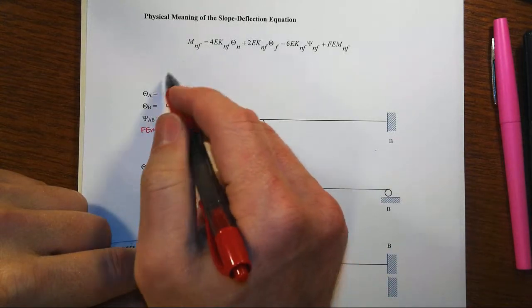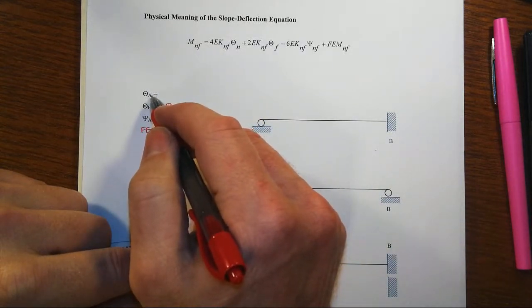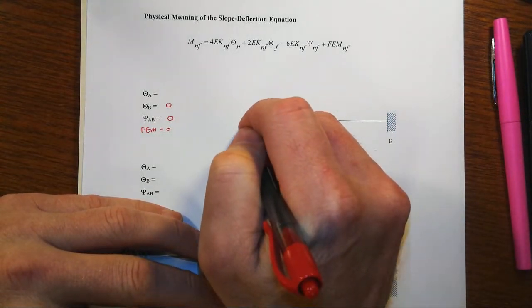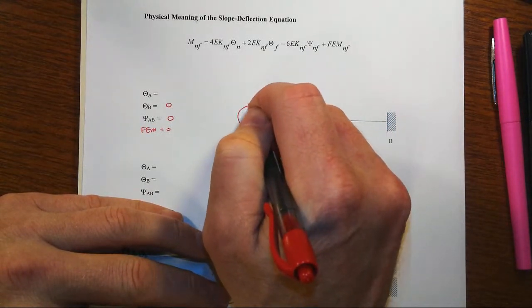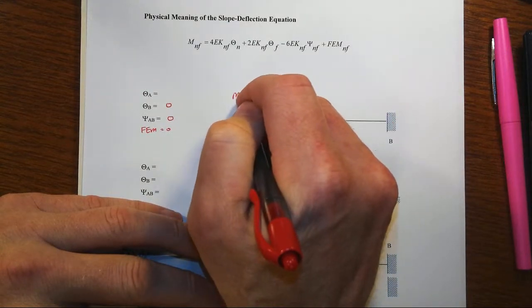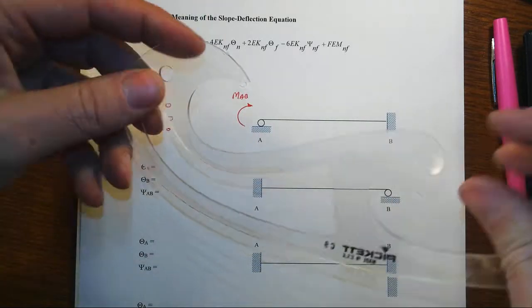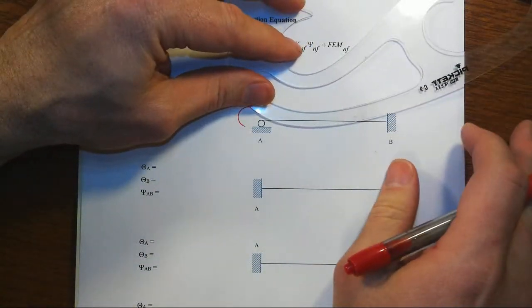But we are going to allow the rotation at the near end to be non-zero, and of course for that to happen you have to have some sort of associated moment at that end, so we'll call that MAB, and that's going to induce a rotation.